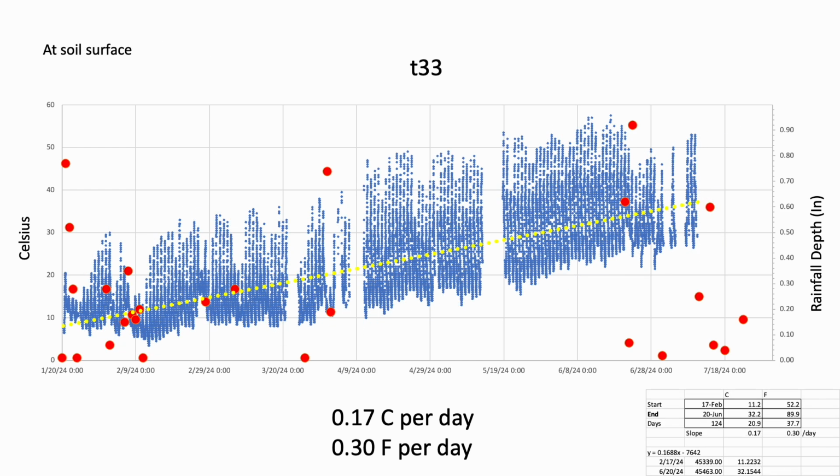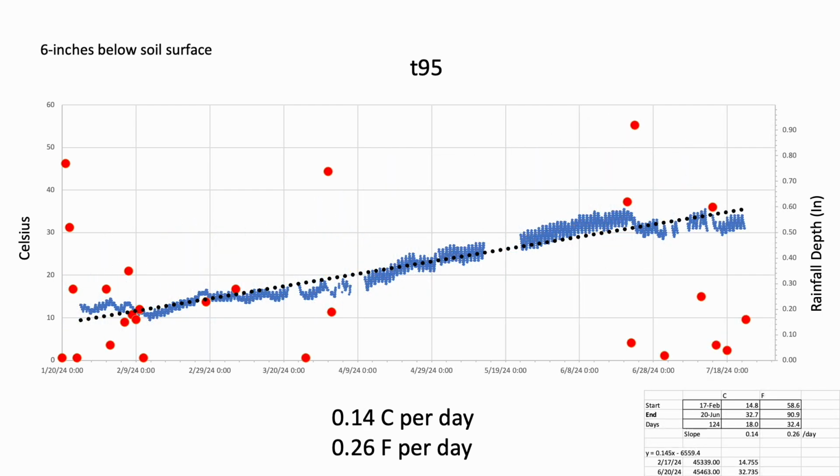And it's also interesting to note that if we look at the temperature sensor that's right at soil surface, the linear regression basically gives us the same temperature increase profile over time. The only difference is that the variability around that line has decreased a bit because we're getting some buffering from the thermal mass in that soil.